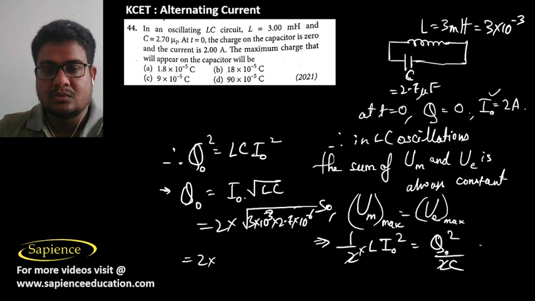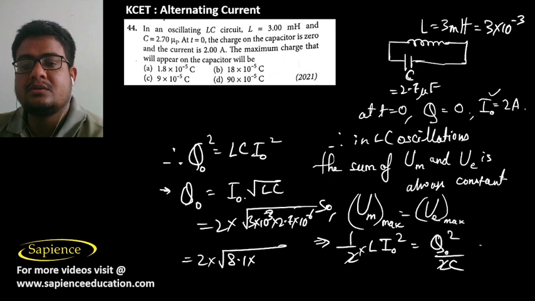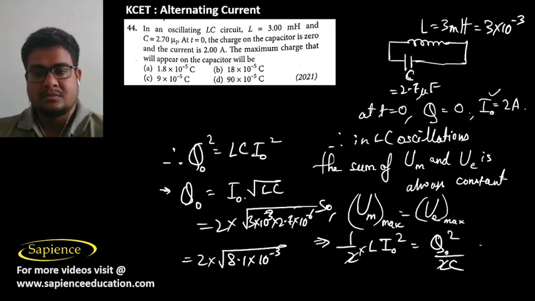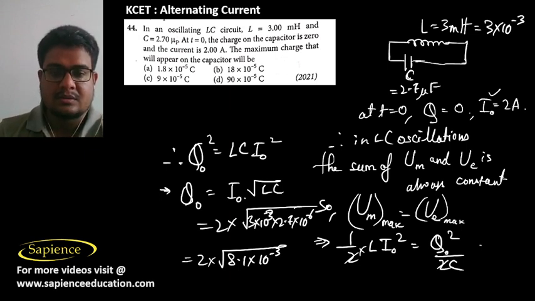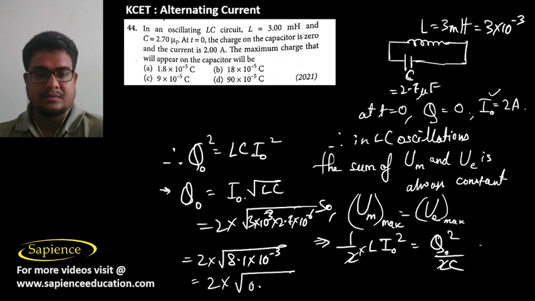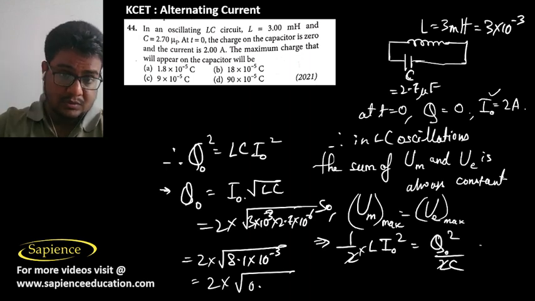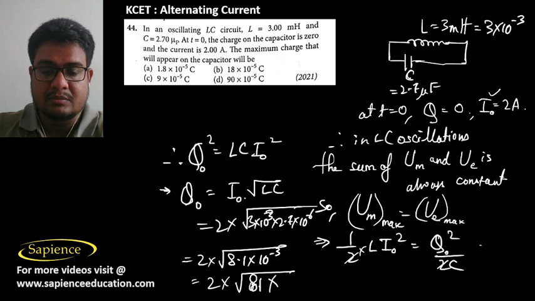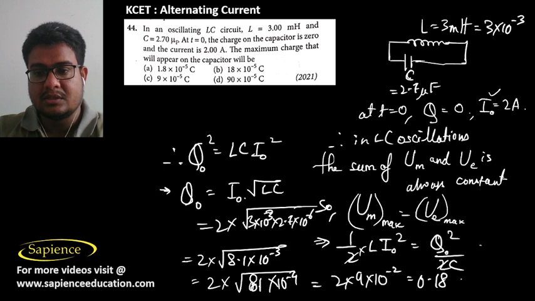It will be 2 into the root of 3 into 2.7, that is 8.1, or I can say 81 into 10 power minus 4. It will be 2 into 9 into 10 power minus 3, so this is 18 into 10 power minus 6 coulomb.